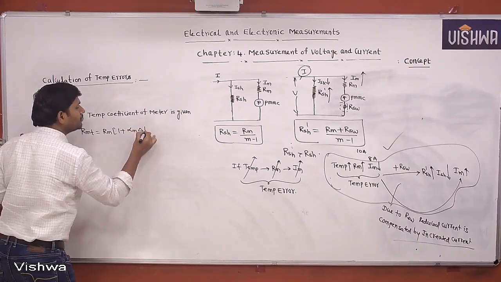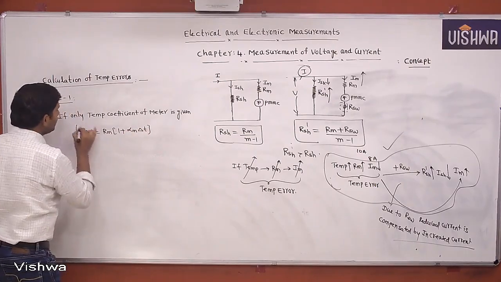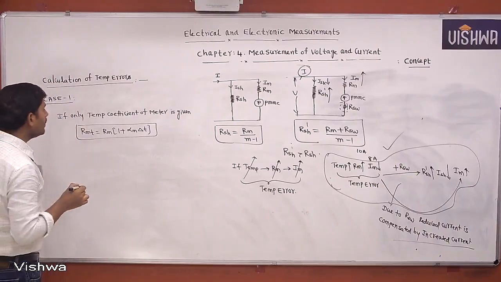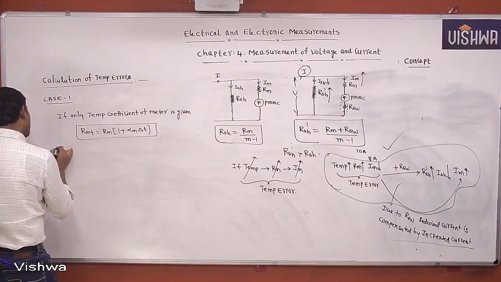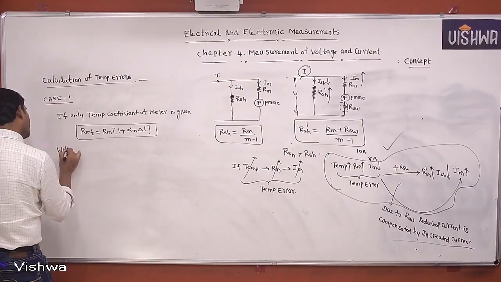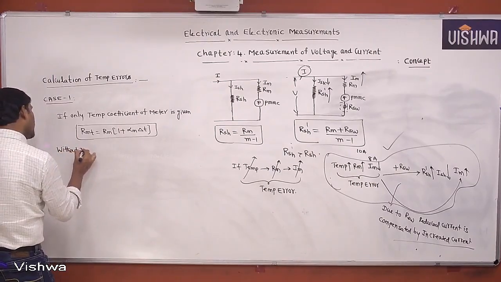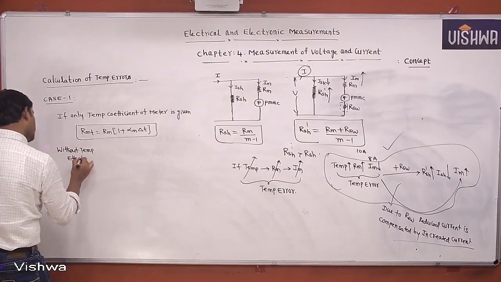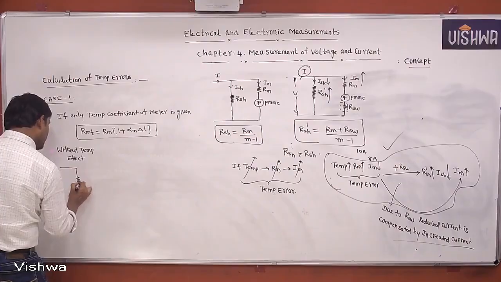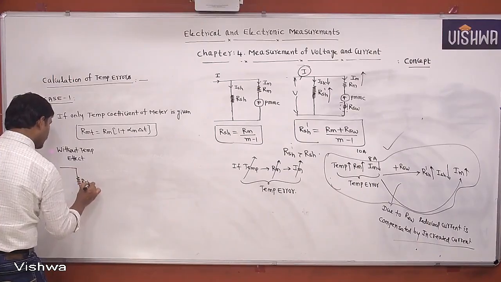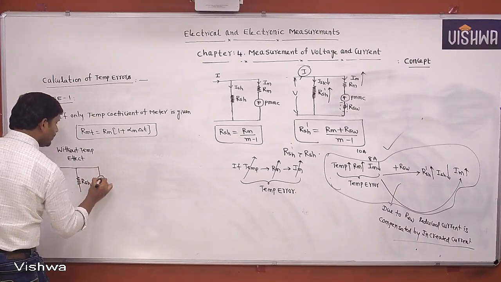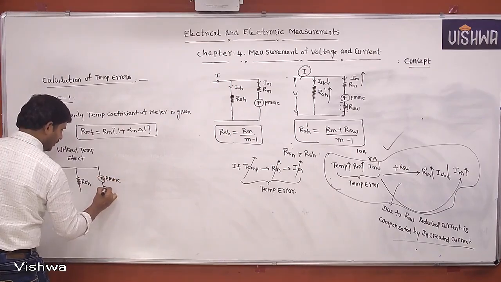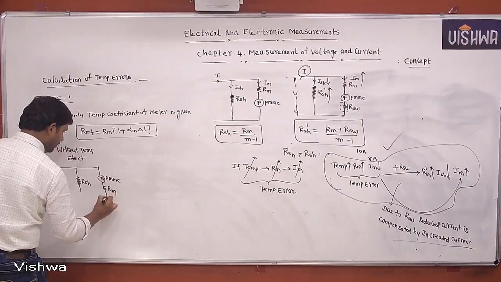into delta T. This is the change of resistance due to change of temperature. Then without temperature effect, this is RSH, this is the PMMC meter movement, this is the meter resistance.